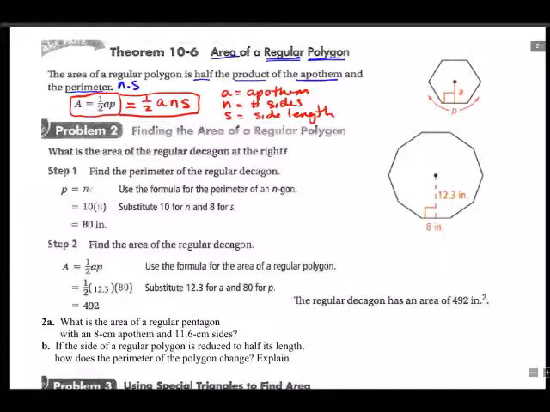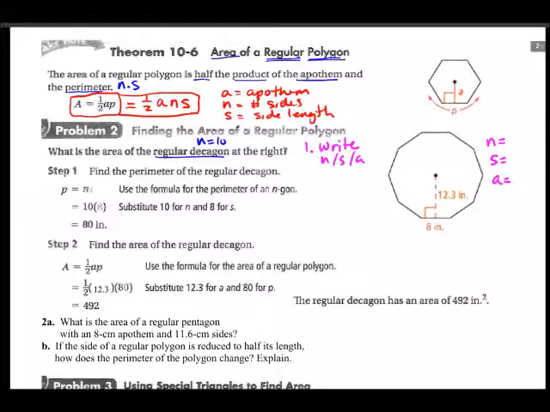What is the area of the regular decagon? That means N equals 10. Well, the first thing I'm going to have you do, number 1, write N, S, A. So N equals, S equals, A equals.